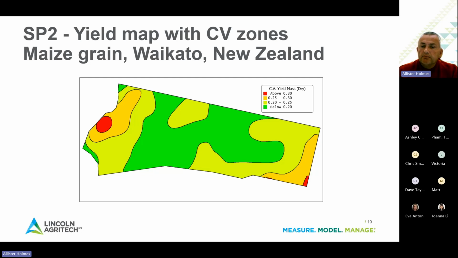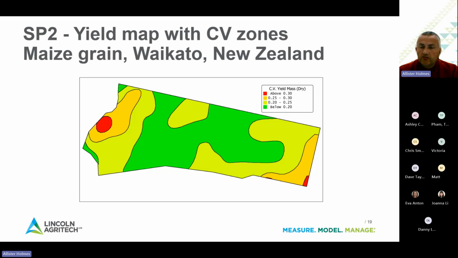They're very hard to manage because we don't know what the weather is going to do for a season until the end of the season, but before then, we've put in all the inputs accordingly. So these high CV areas that we can assess by comparing the yield over a number of years are effectively the highest risk parts of the paddock.